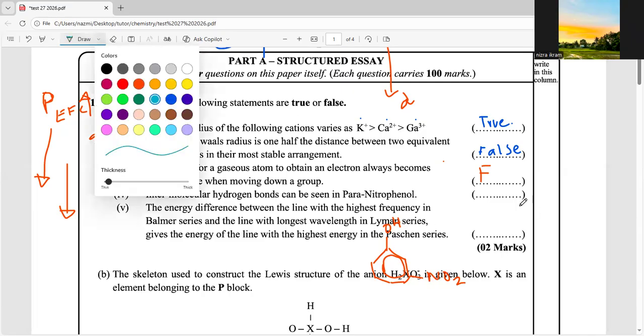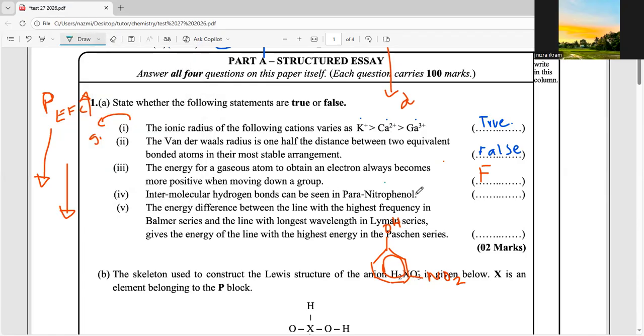Intermolecular means between two molecules. What you can see in para-nitrophenol is intramolecular hydrogen bonding, not inter. Intramolecular means within the molecule. This hydrogen and nitrogen can have interaction, within the same molecule, not inter. That is also false.